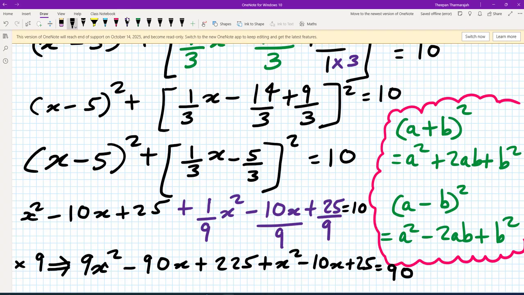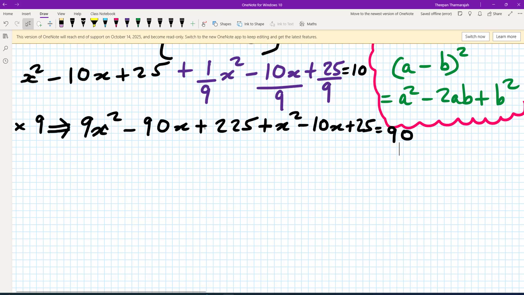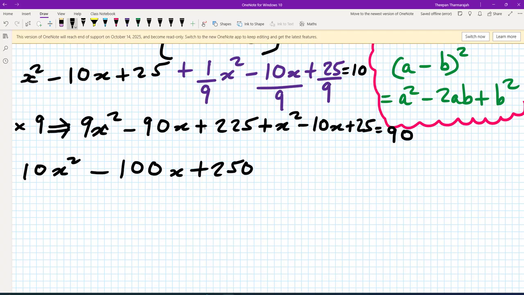So if we simplify our equation down, what we're going to end up with is 10x squared. Now minus 90x minus 10x is minus 100x. That gives me 250 is equal to 90.